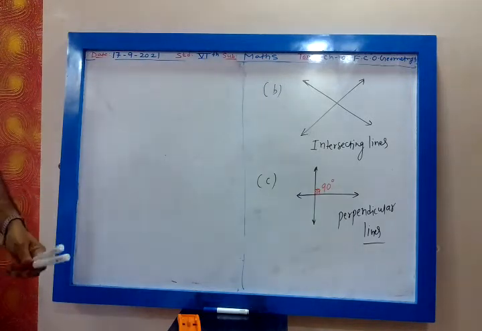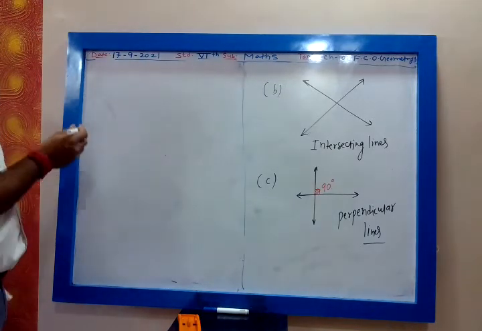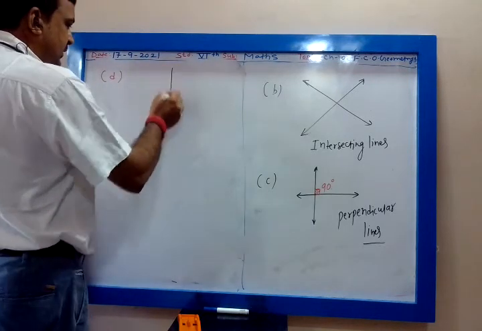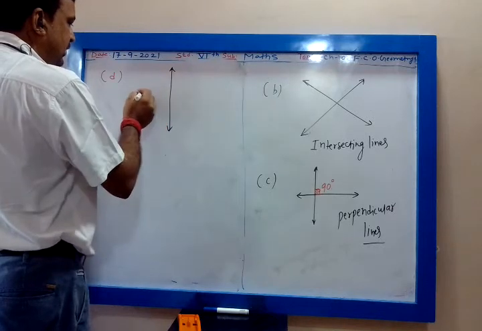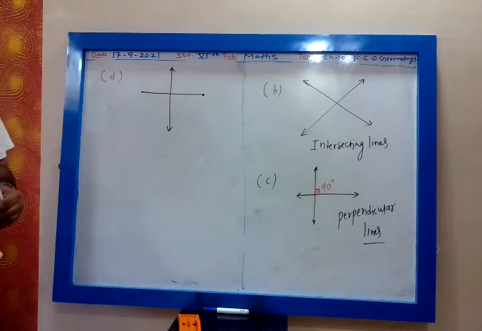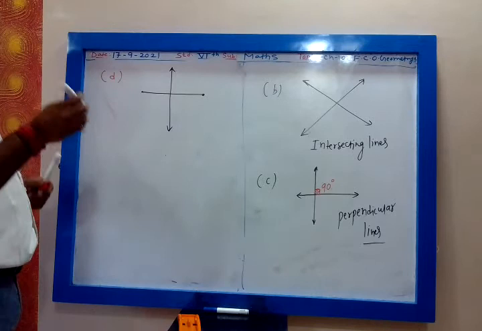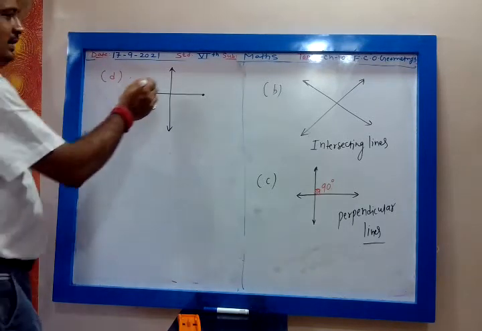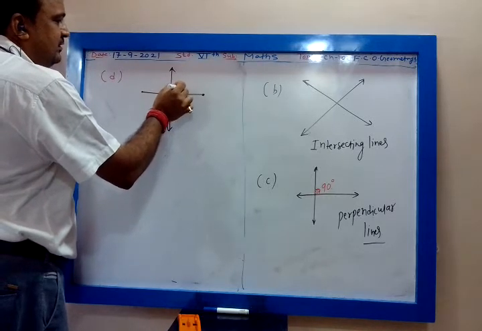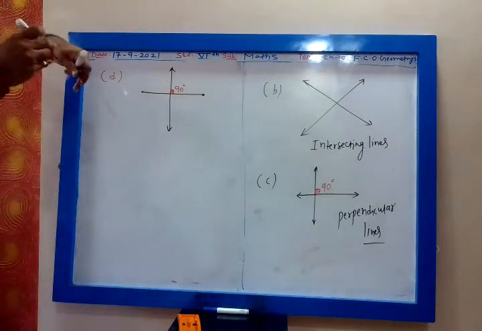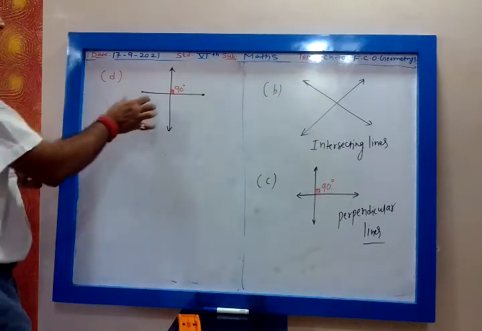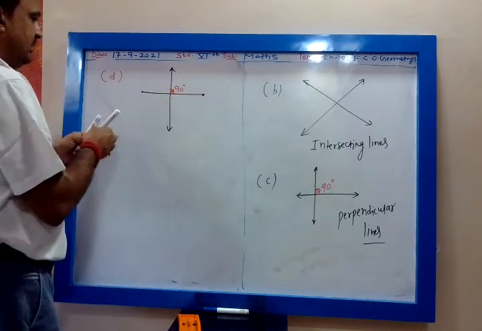Let us see D part. So you are given a line, then you are given a line segment. Now you tell me. No, not only perpendicular line. See, this will be 90 degree. Those who were asking me perpendicular bisector, see this question. They will cut each other and 90 degree angle will be formed at intersection. Then second thing, this part is same as this part.